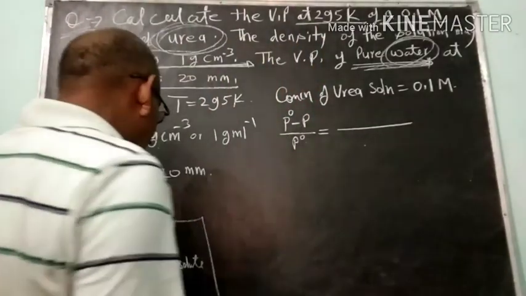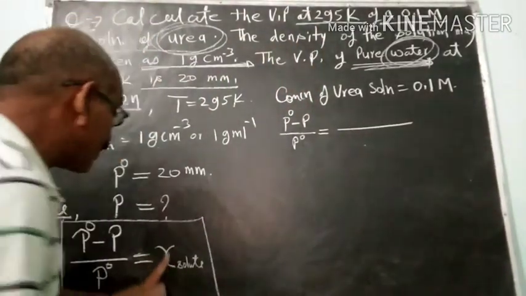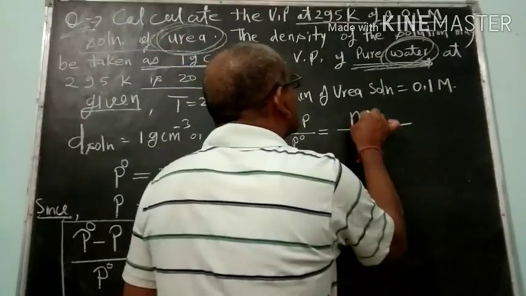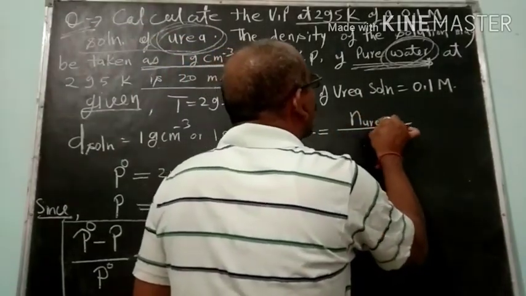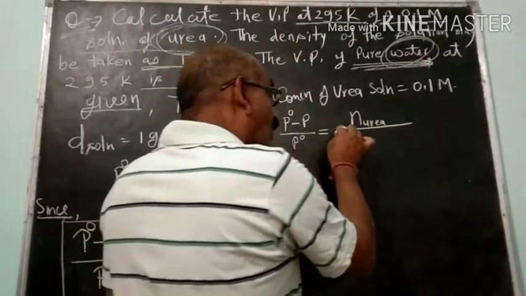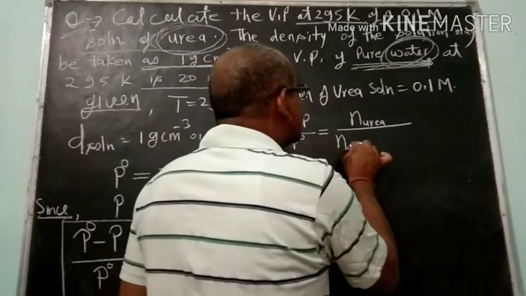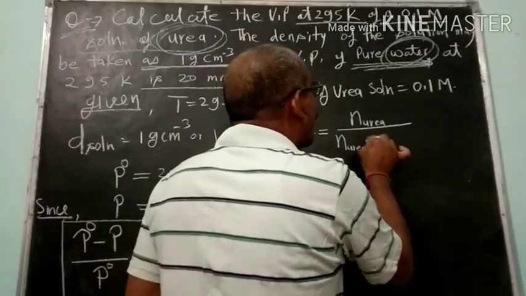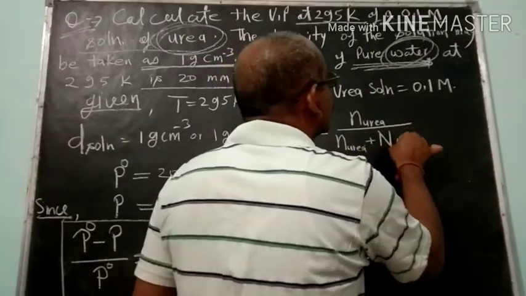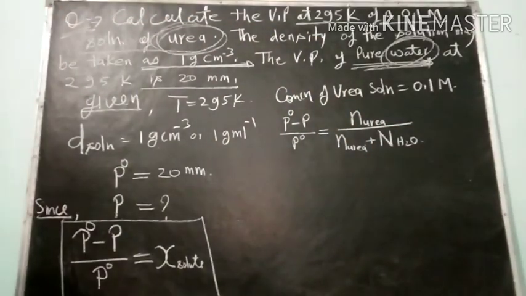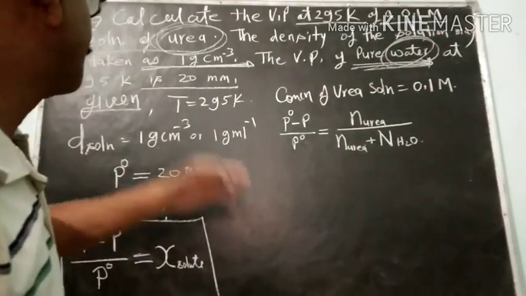Means here the mole fraction of the solute, the urea, is the ratio of the number of moles of urea to the total number of moles of the solution, means number of moles of urea plus number of moles of water. Is it clear?